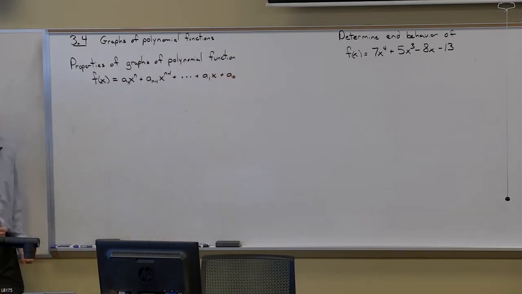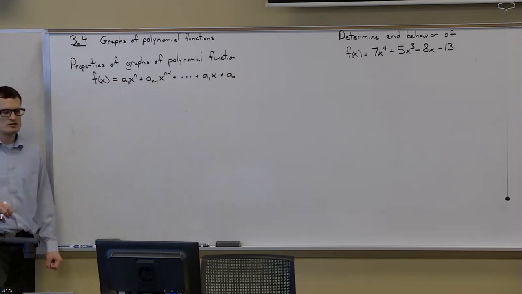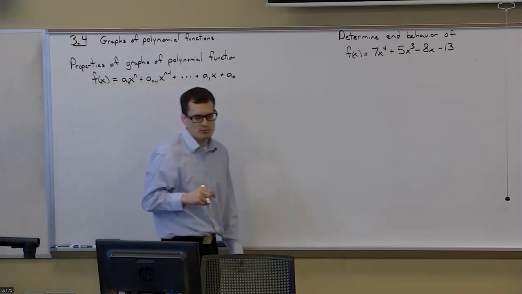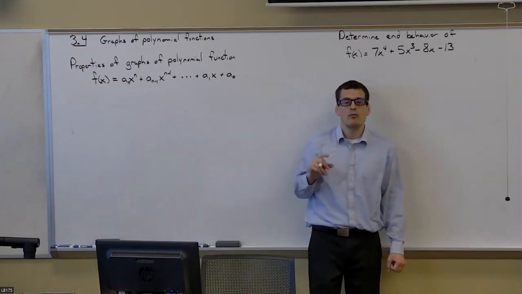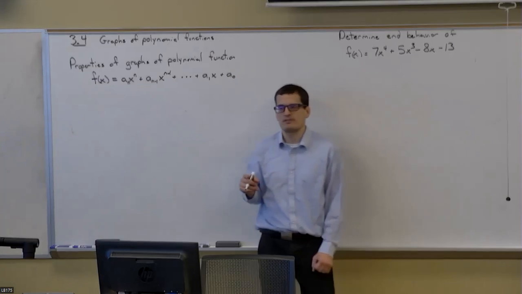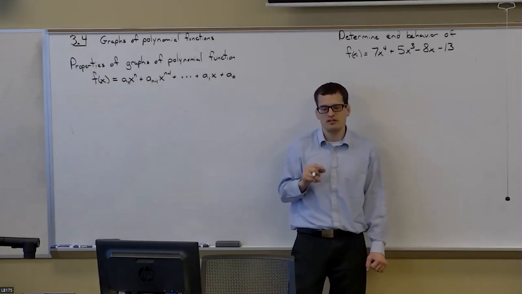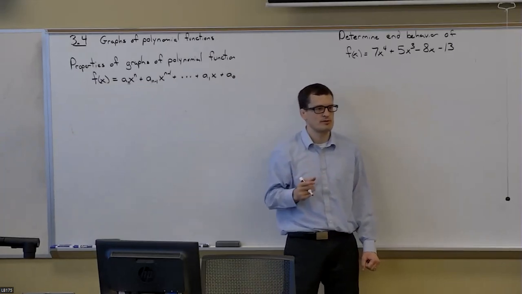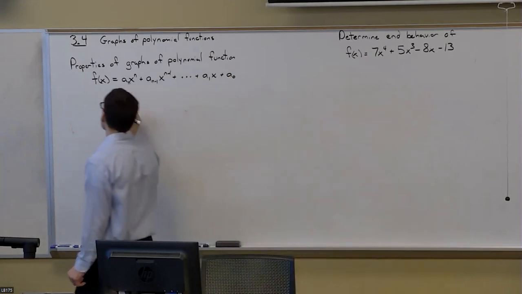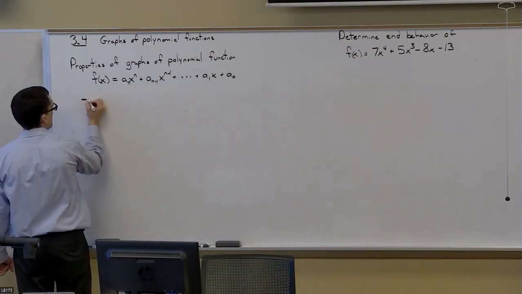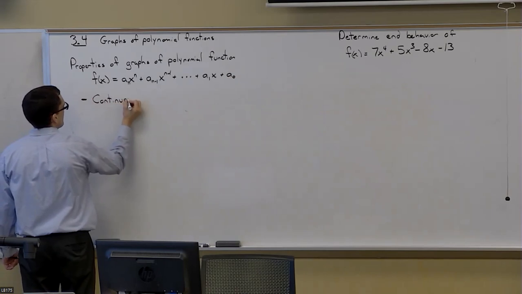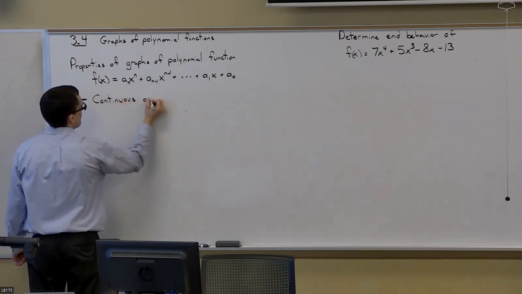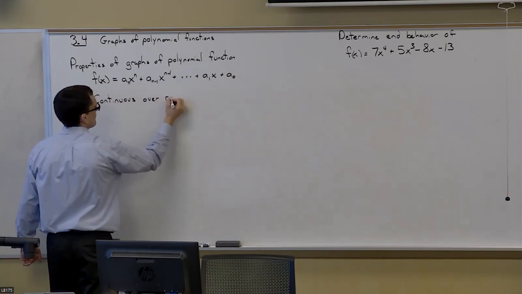All right. So we have a polynomial function. What are going to be the properties of that graph? Well, one of the properties is that all polynomial functions are continuous over the real numbers. So property number one, the graph is continuous over the real numbers.